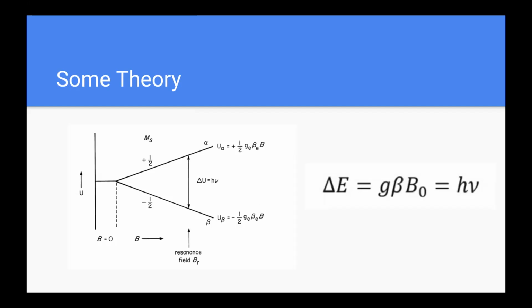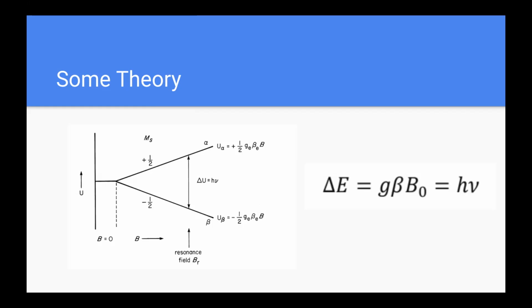But we have this g factor, which is experimentally determined and dependent on the system. We'll talk about that in a second. Beta is a constant, and B naught is, of course, the magnetic field. And we're going to get an absorbance as the magnetic field is sweeping.